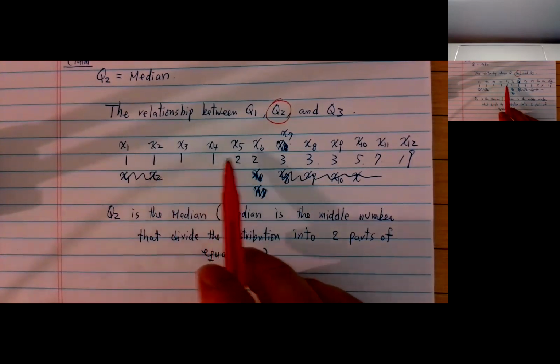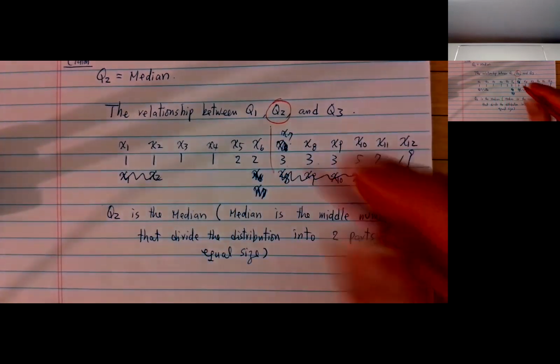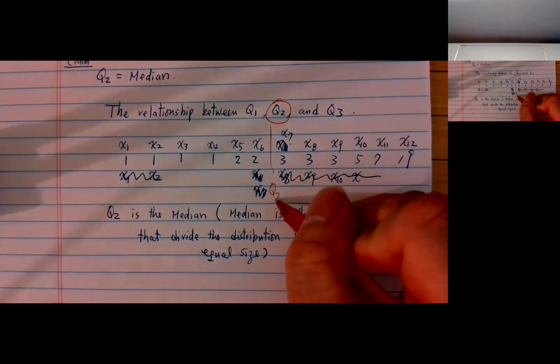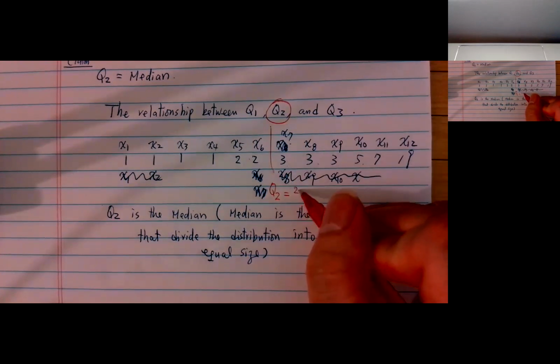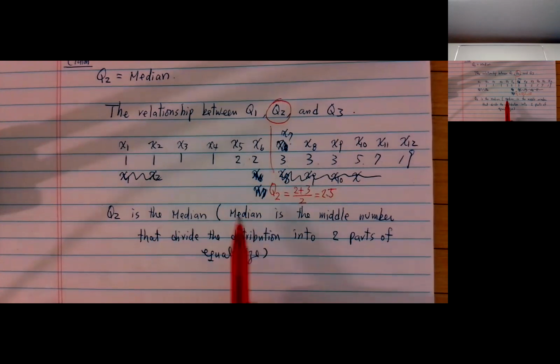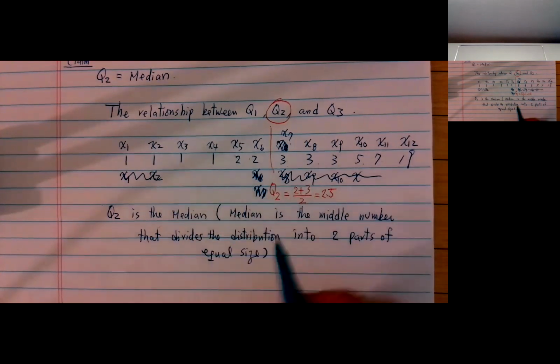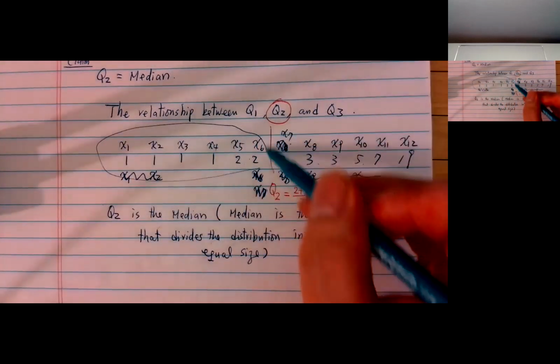So in our example, 1, 2, 3, 4, 5, 6. Cut it right here, okay? Q2 is the median. Two middle numbers, 2 plus 3 divided by 2, that is 2.5. The median is the middle number that divides the distribution into two parts of equal size. So it's cut here. This is the first half.